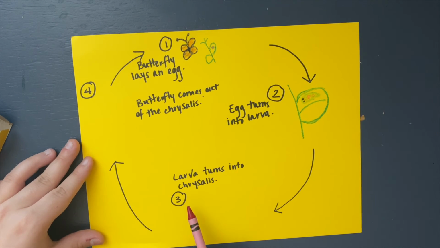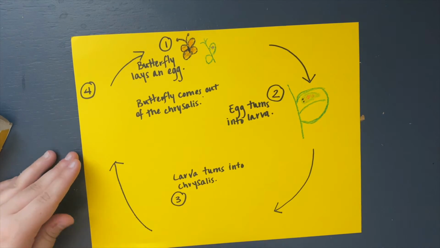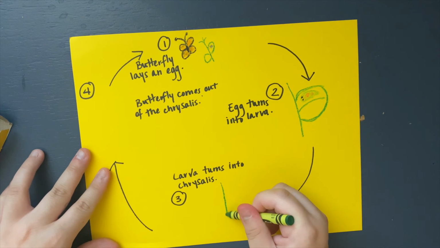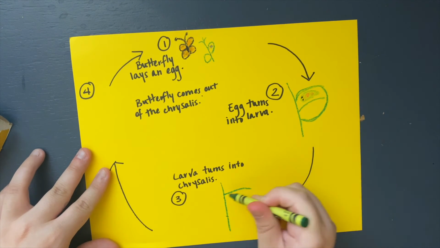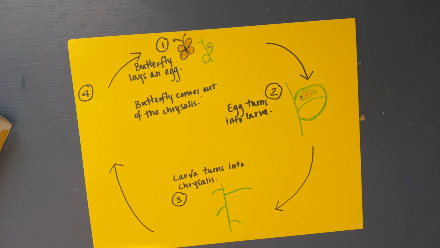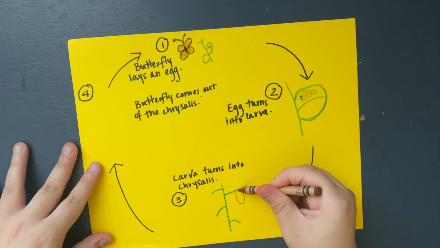Next, we have the larva turns into a chrysalis. What a chrysalis looks like is there could be kind of a branch on a tree or a plant. And what happens is there's like a cocoon type thing and it just hangs off of the branch.